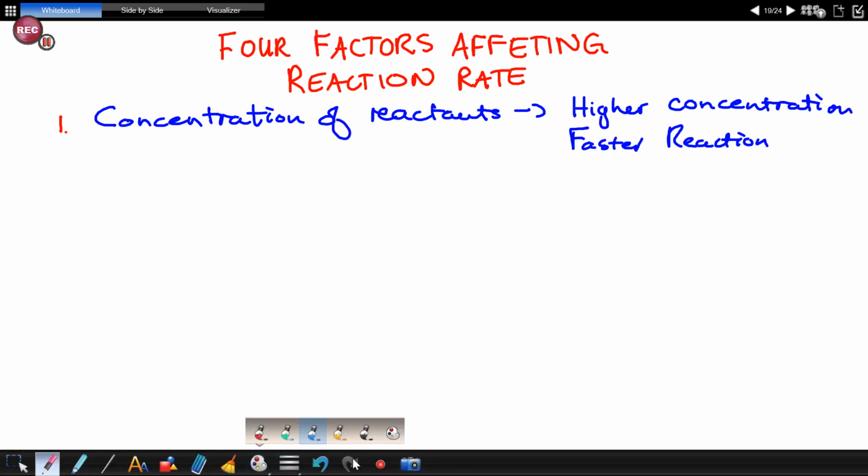Just a note here. Okay. Because the number of moles of particles in a solid is directly proportional to volume.